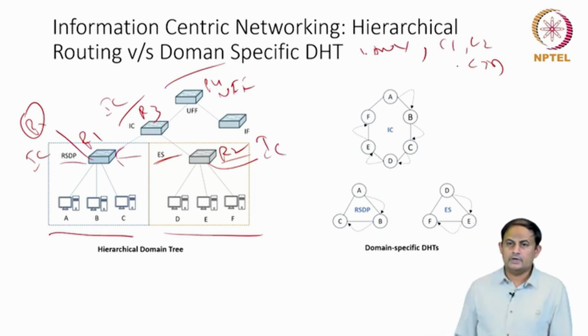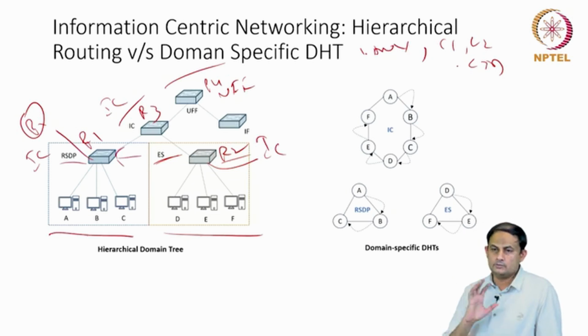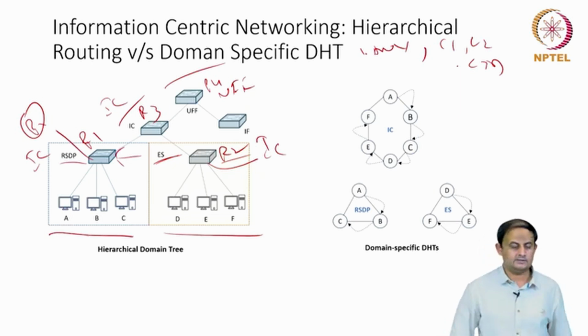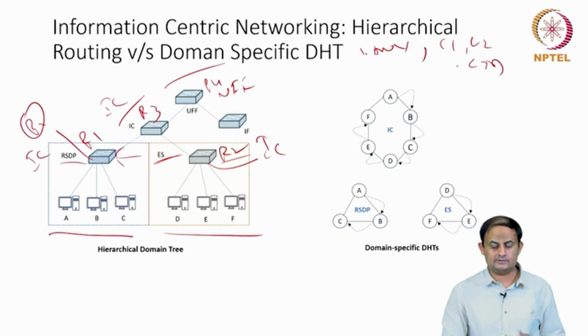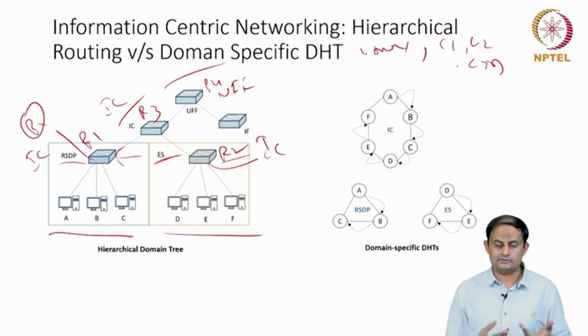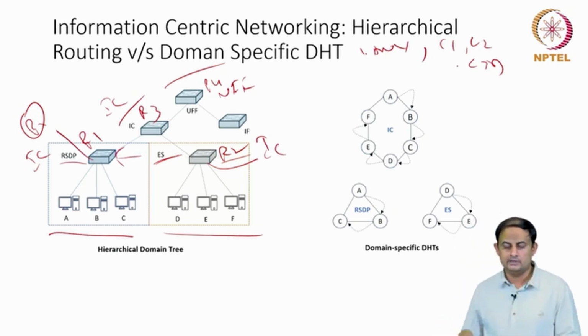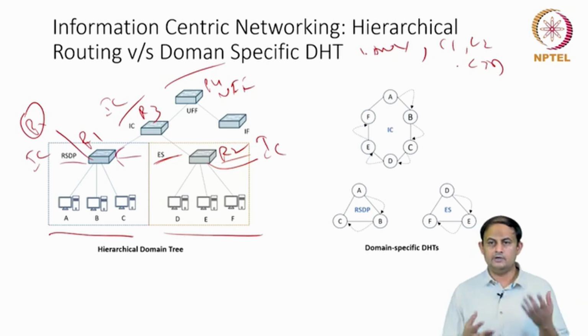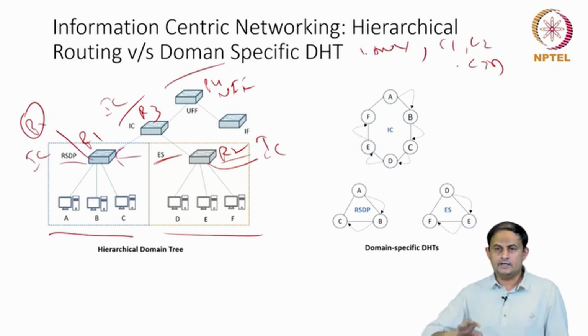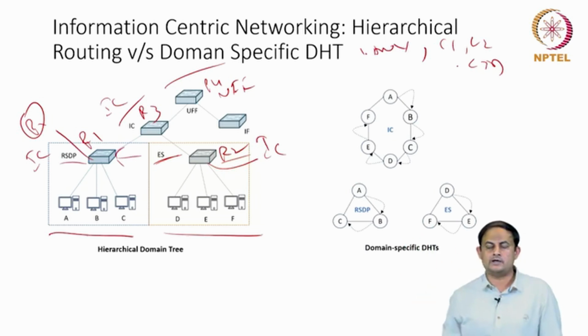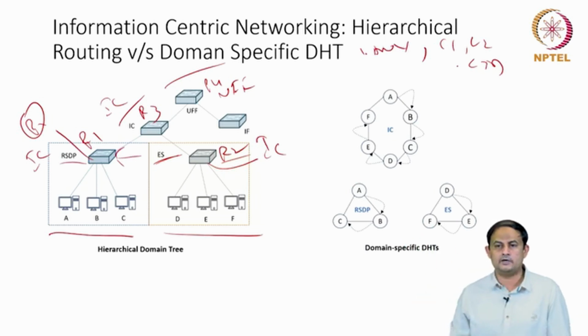A routing mechanism somewhat similar to this one can also be adopted in information centric networking. What I mean by that is, if you take the previous example on the left hand side, I build a distributed hash table for the content having the prefix IC. I build a distributed hash table for the prefix ES. I build a distributed hash table for the content having the prefix RSDP, and then I circulate them among the nodes which are interested in receiving the content for that prefix.